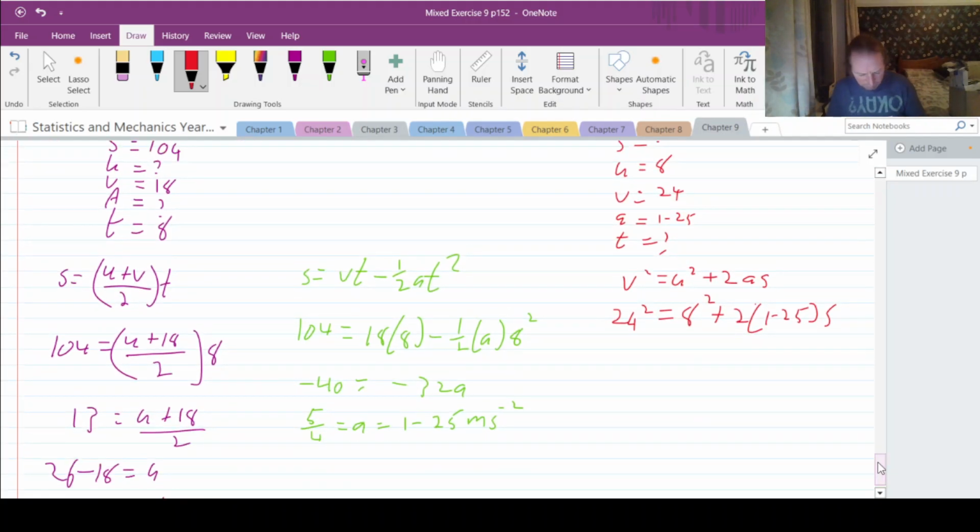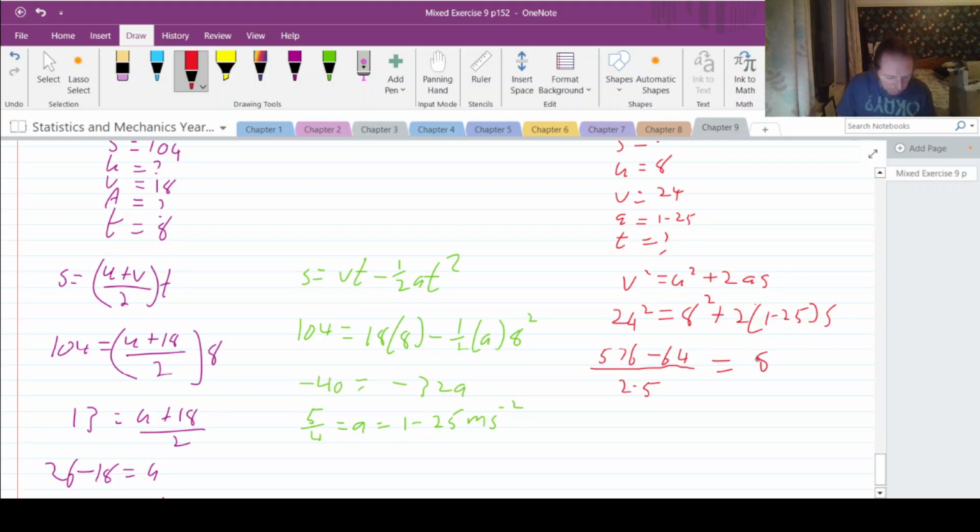What's 24 squared? 576. Okay, 576 minus 64 from the 8 squared, divided by the 2.5 from the 2 times 1.25.